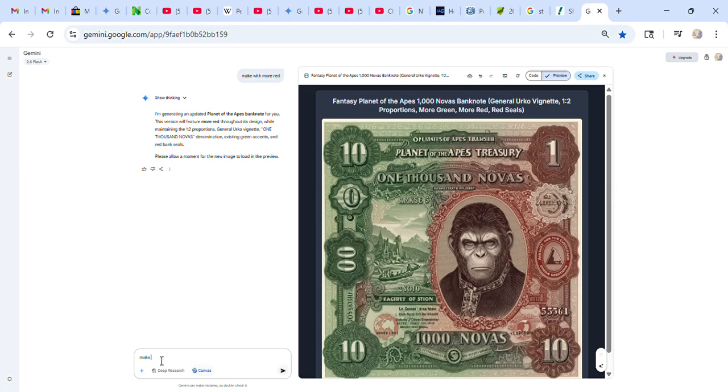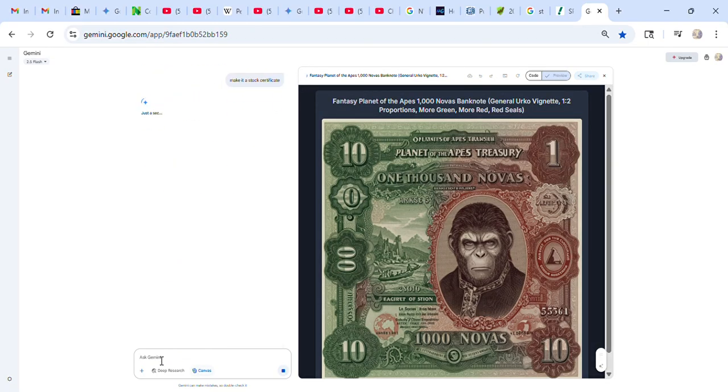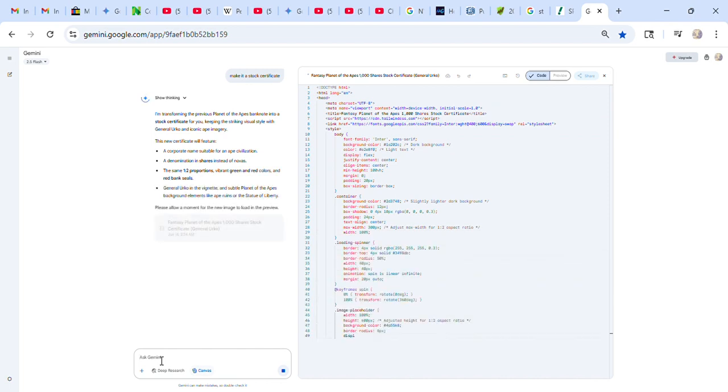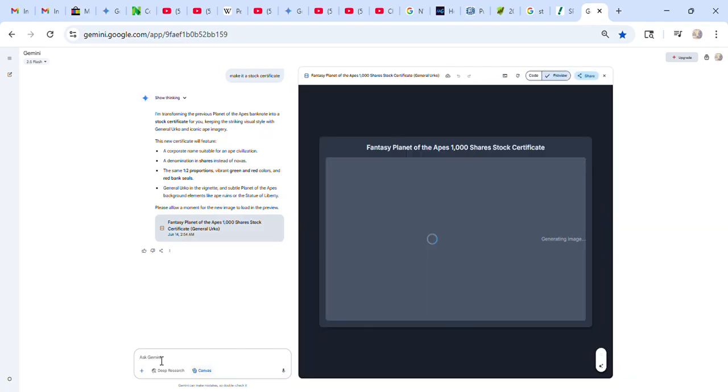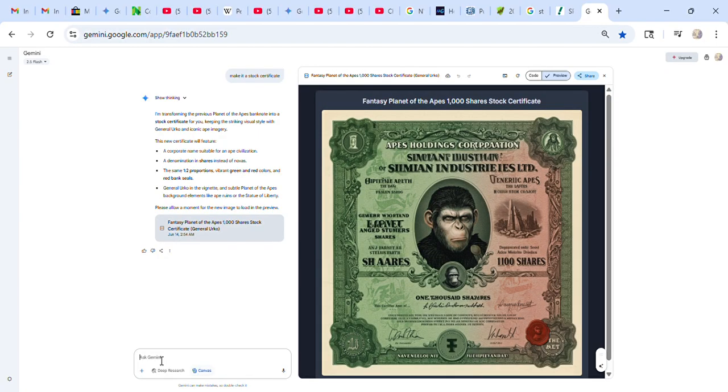We're going to make it a stock certificate. The Apes Holding Corporation, so they made up a name.